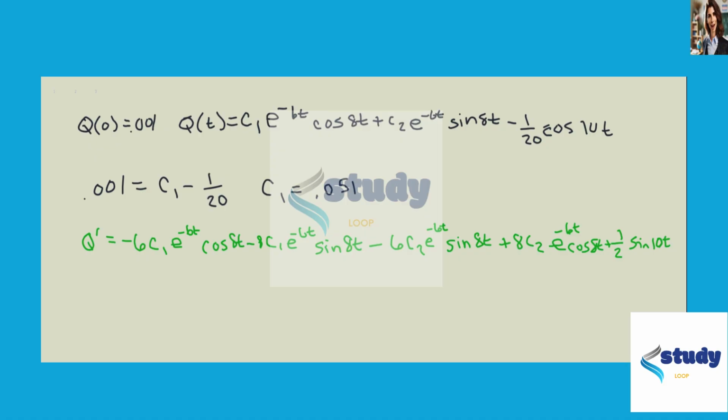Alright, so then I know that Q prime of 0 equals 0. So I have 0 equals 0.051 for my c1 times negative 6, cosine of 0 is 1, sine of 0 is 0, sine of 0 is 0.